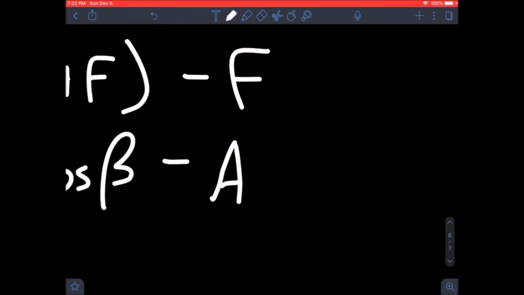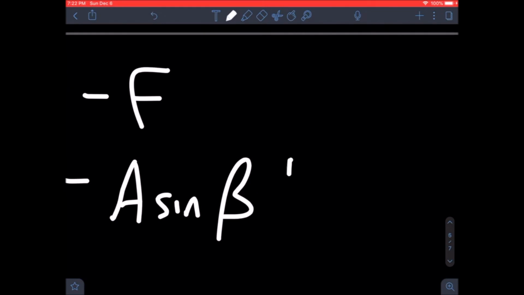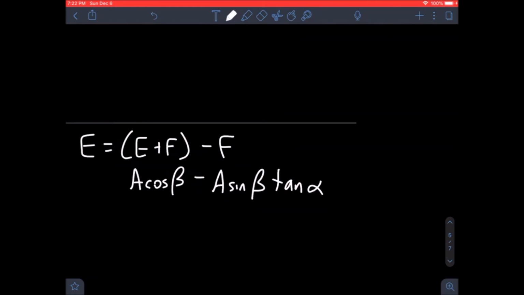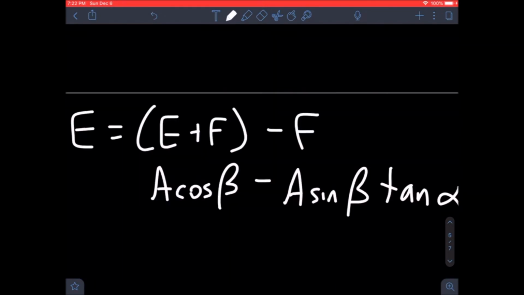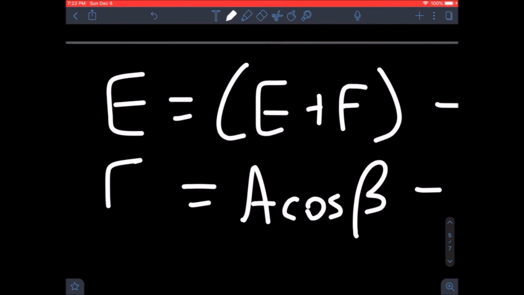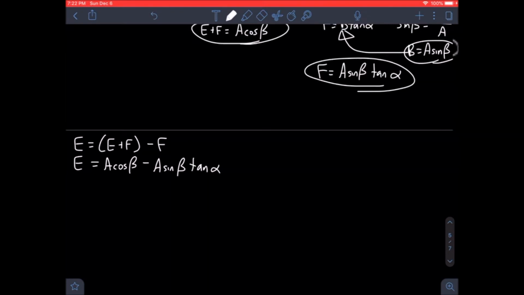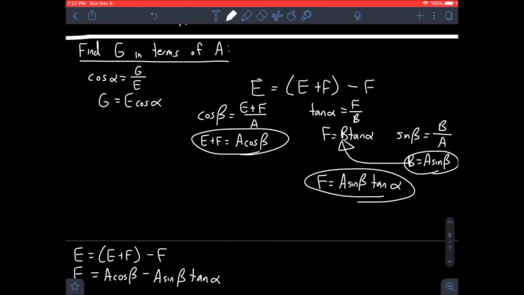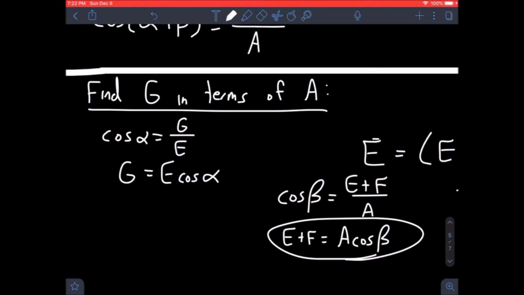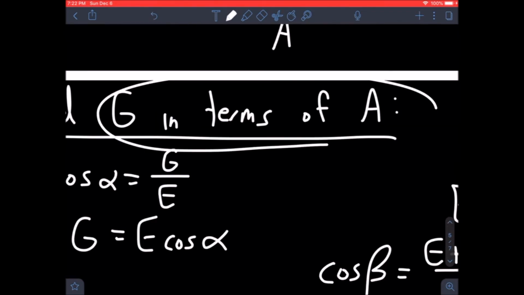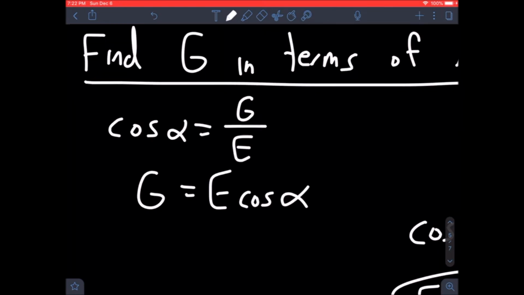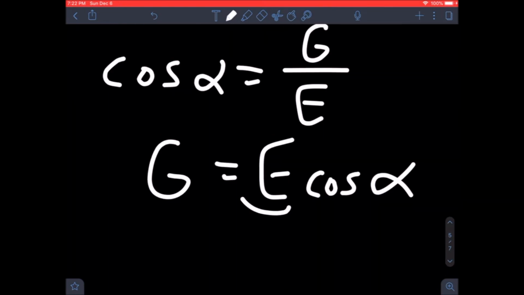So we have A sine beta tan alpha. So this is what E is in terms of A. We have found E in terms of A, right? Now, why are we finding E in terms of A? Because remember, our whole goal is to find G in terms of A. And we can't do that if we can't find E in terms of A. So that's the reason why we're doing that.